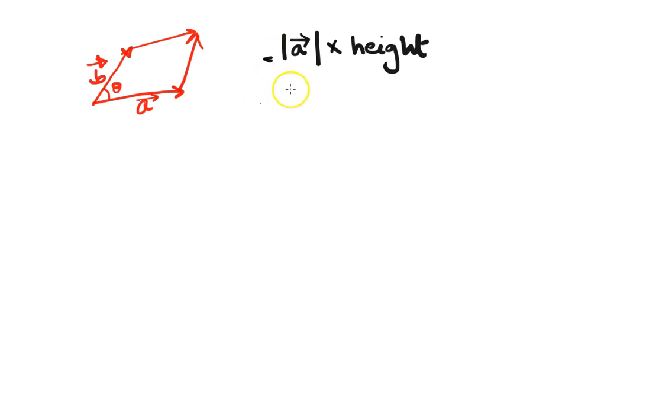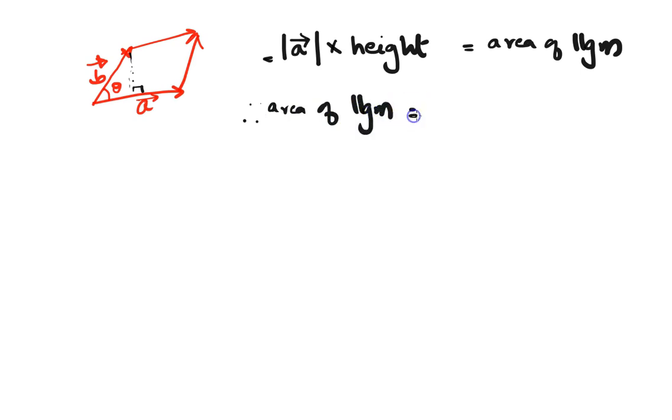Height is b sine theta, and therefore the area of the parallelogram is equal to the magnitude of a vector into the magnitude of b vector into sine theta.